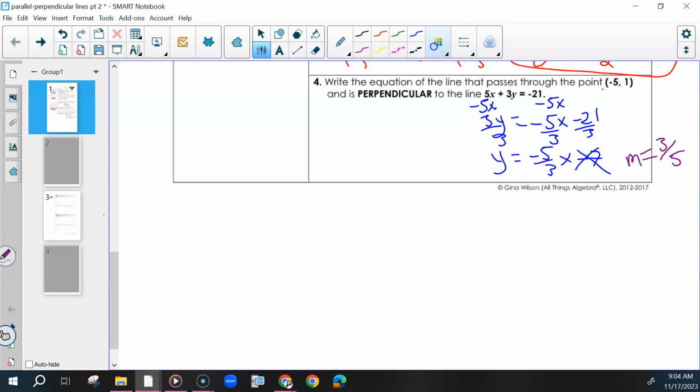We have our x1, we have our y1, we have our m. Put that into the format. Y minus 1 equals 3/5 times x plus 5, or minus 5. Distribute and solve.